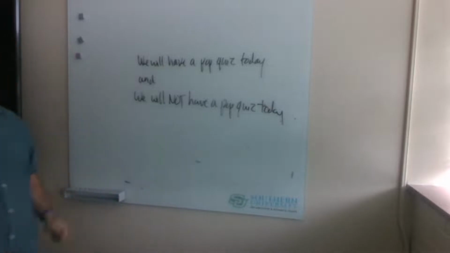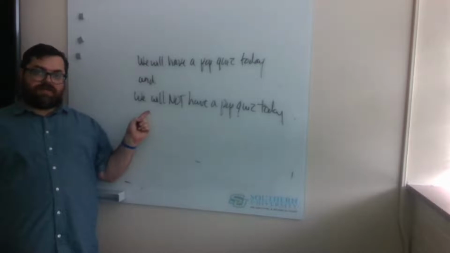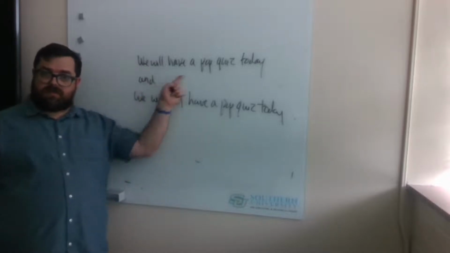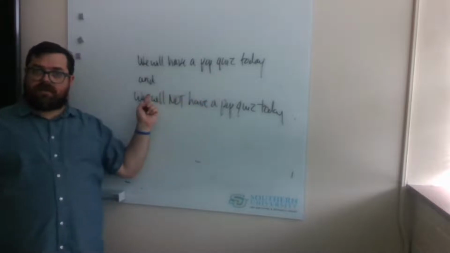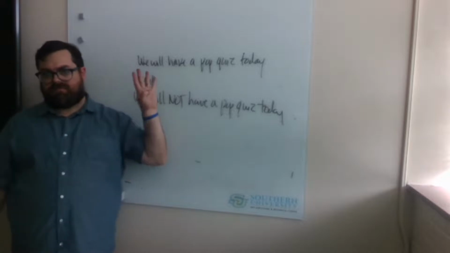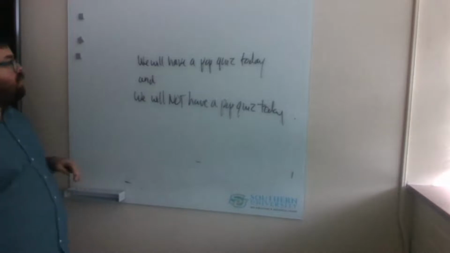Now, this is technically what a contradiction is. A contradiction is two sentences linked with an and. Sometimes in logic, we call this a conjunction, and in grammar, we call it the coordinating conjunction. This is the and.